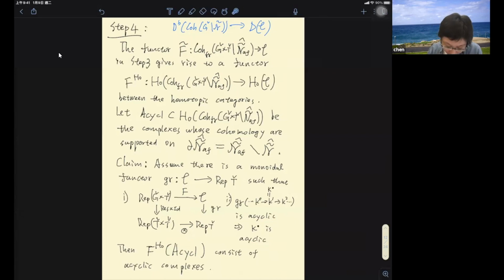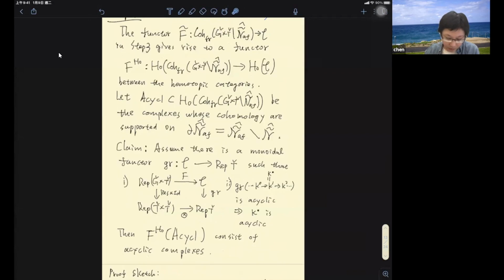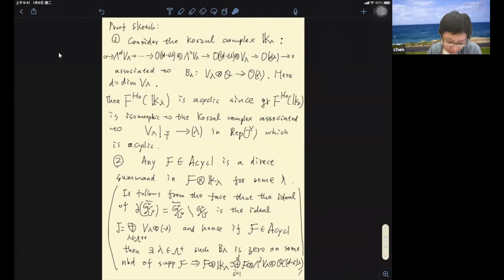If there's a functor like this on the target category, then the claim is that our functor will map those complexes whose cohomology is supported on the boundary to cyclic complexes. Here's a sketch of the proof. It consists of two steps.